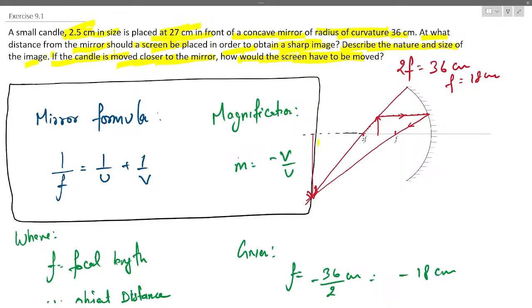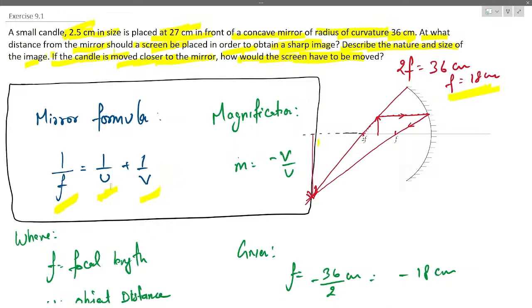So let us proceed. We can use the mirror formula over here, which is given by 1 by f equals 1 by u plus 1 by v, where f is the focal length, u is the object distance and v is the image distance. The focal length of this mirror is 36 centimeter by 2, so the focal length is 18 centimeter.